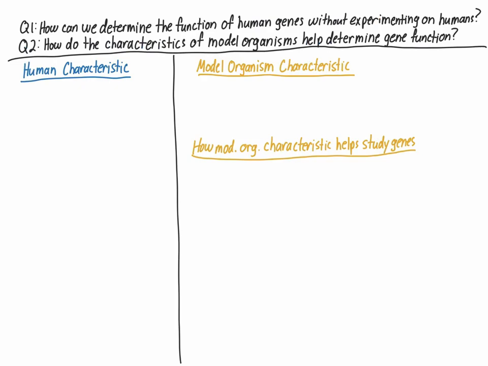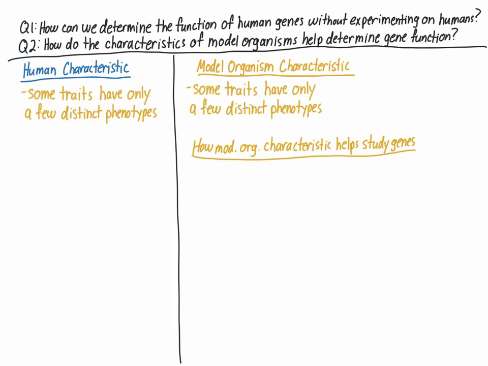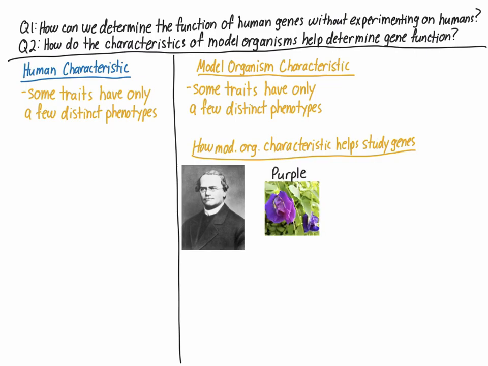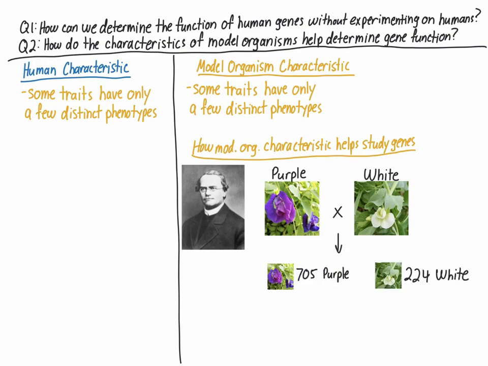Now, both humans and model organisms have some traits where only a few distinct phenotypes are seen. Why is this helpful? Well, recall that Mendel studied flower color, and flowers of each plant were either purple or white, but not really any shade in between. These two easily distinguishable phenotypes allowed him to come up with his two laws of genetics because he was able to count the purple and white offspring.